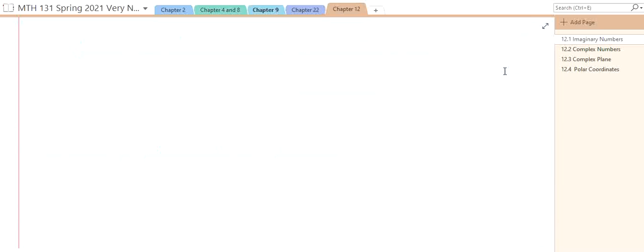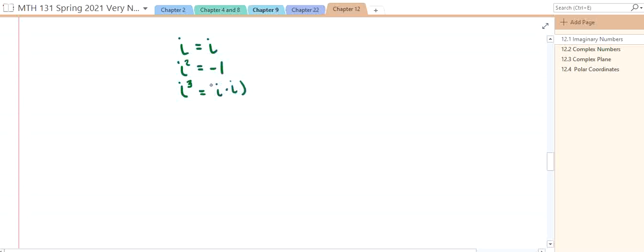So, as a final note, let's look at what happens when we take i and multiply it by itself. We start out with i equals i. If I square i, that equals minus 1, as we said. But now if I cube i, that's going to be i times i, which is minus 1, times i, equals minus 1i, or minus i.